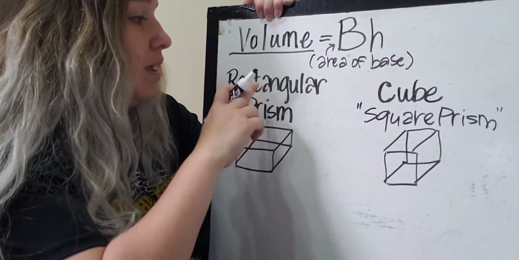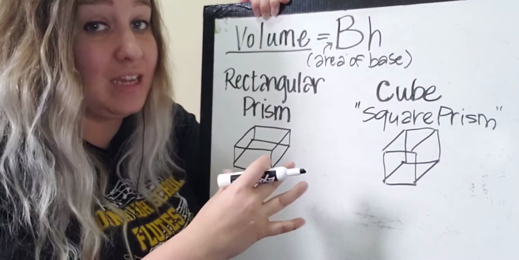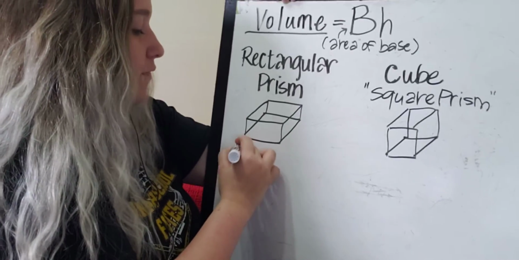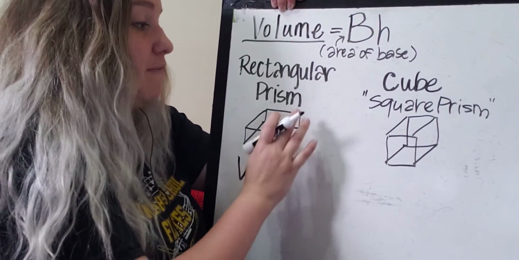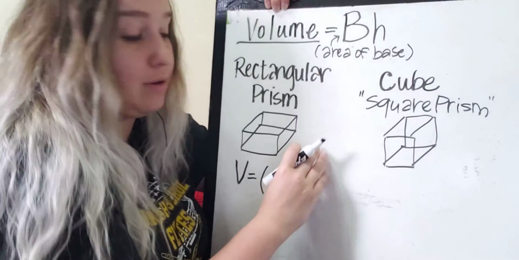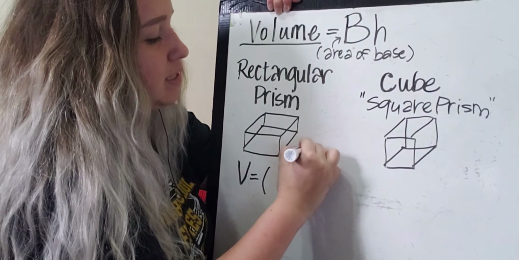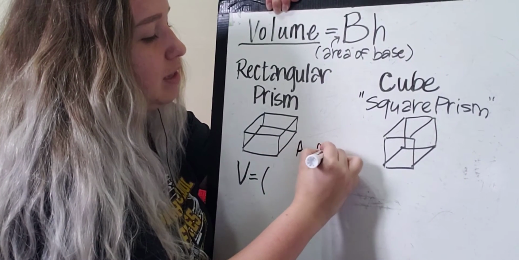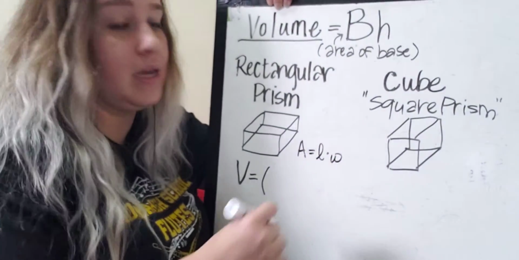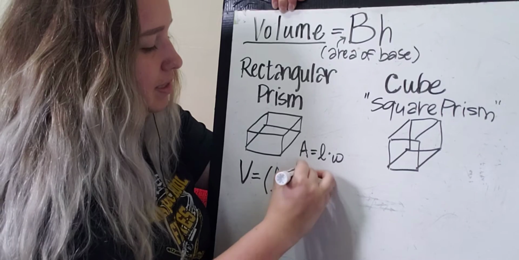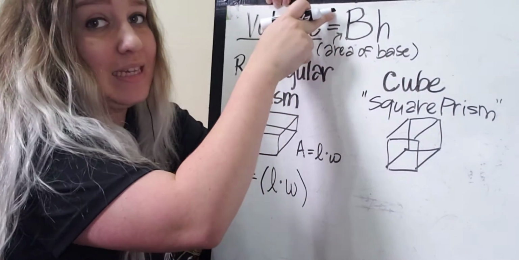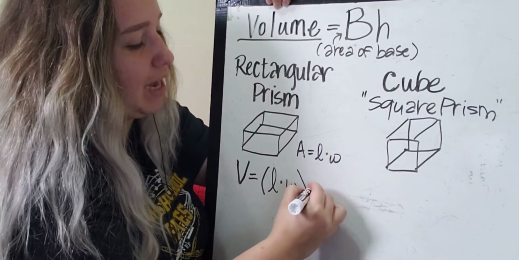So if we're talking rectangular, that means that for volume formula, we need the area formula for rectangle. So the area of a rectangle is length times width. Okay, so it's going to be length times width. That's our base. And then times height.